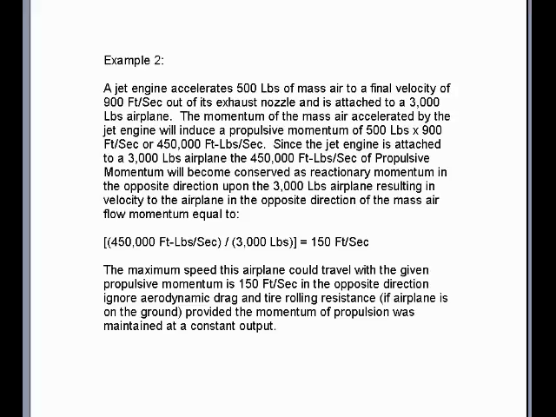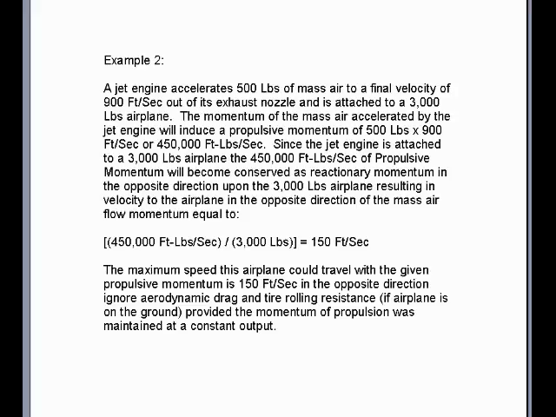Since the jet engine is attached to a 3,000-pound airplane, the 450,000 foot-pounds per second of propulsive momentum will become conserved as reactionary momentum in the opposite direction upon the 3,000-pound airplane, resulting in velocity to the airplane in the opposite direction of the mass airflow momentum equal to 450,000 foot-pounds per second divided by the 3,000-pound airplane, which equals 150 feet per second speed transferred to the airplane in the opposite direction of the propulsive momentum.